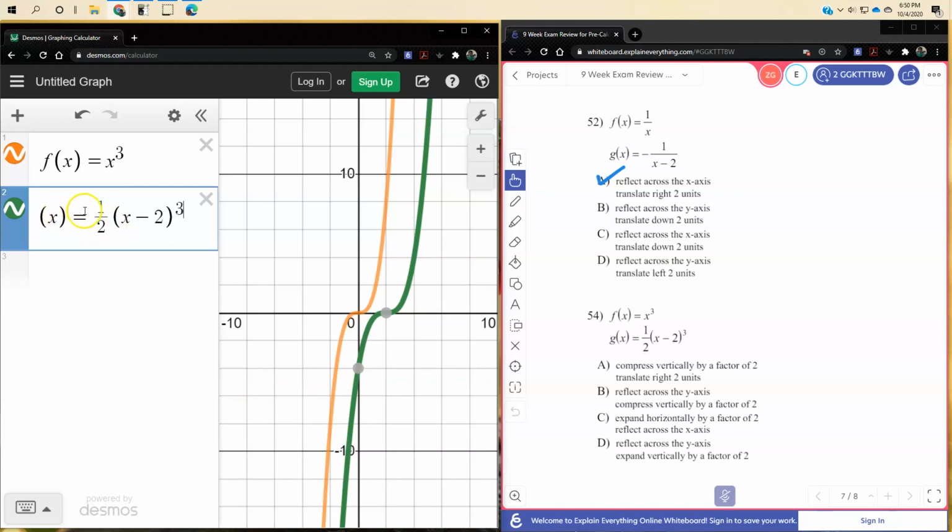And you notice that 1/2 is going to make it wider. That minus 2 is going to shift it to the right. Compress vertically by a factor of 2. Translate 2 units to the right. So your answer is A.